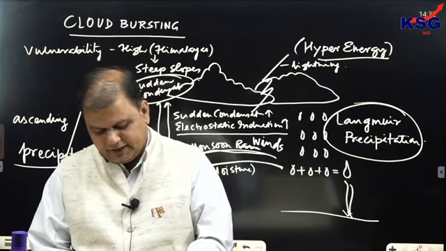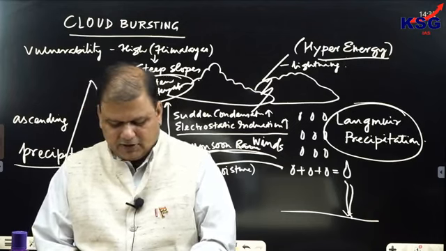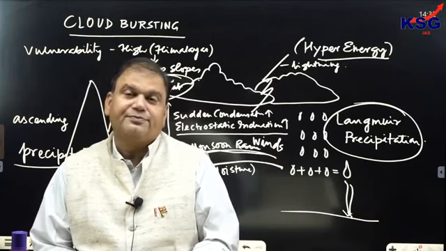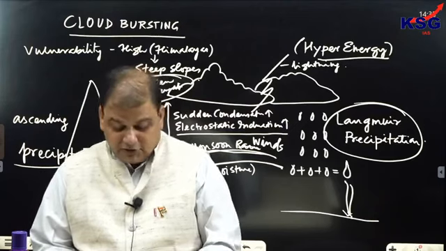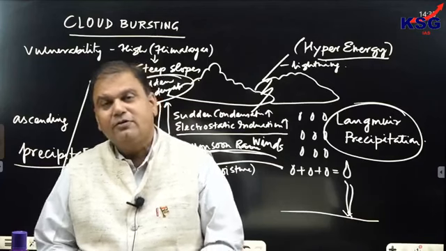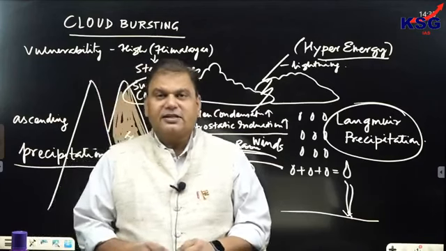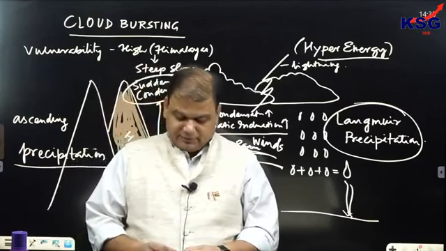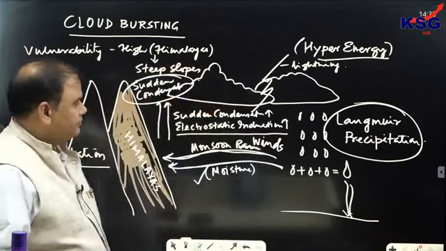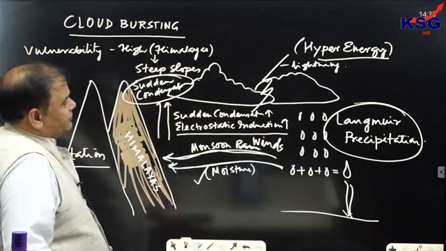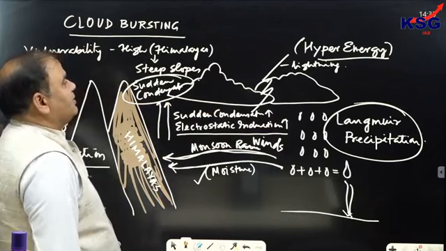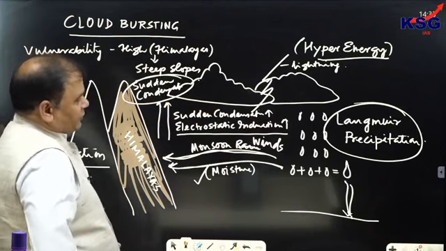Clear? So it is followed by what? Heavy rainfall and landslides. This kind of precipitation is called Langmuir precipitation.